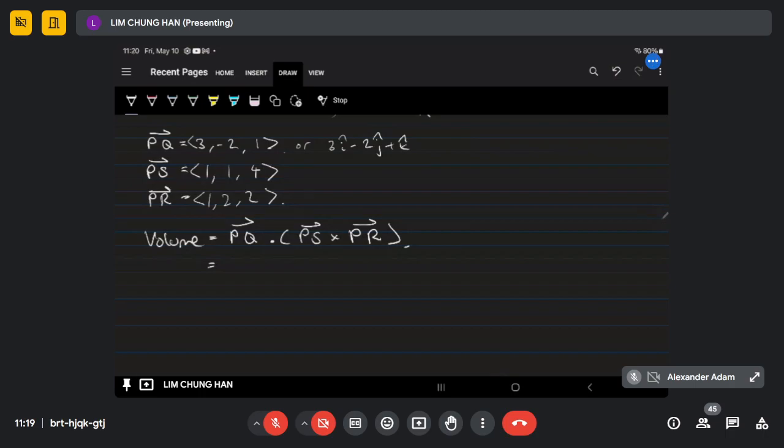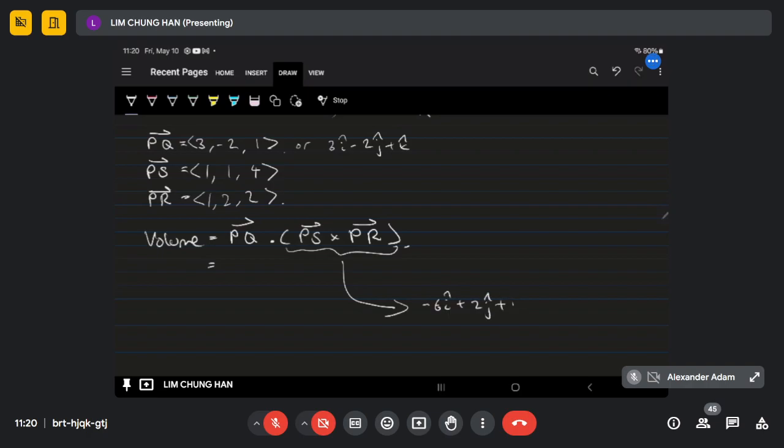Okay, so now the next step is you have to do the cross product PS and PR. What do you get when you cross product PS and PR? Negative 6i plus 2j plus k.